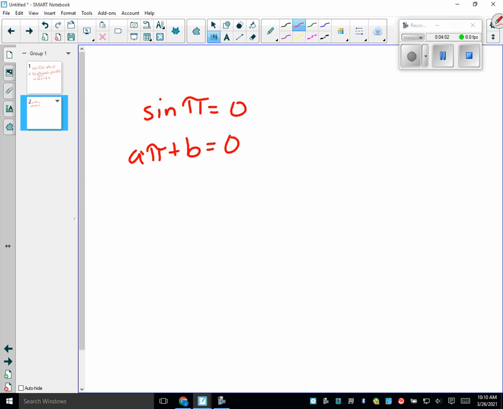Okay, now since it's differentiable, can I take the derivative? What's the derivative of the first one? Cosine of x, right? Isn't it going to be cosine of pi, which is -1? Do you agree?